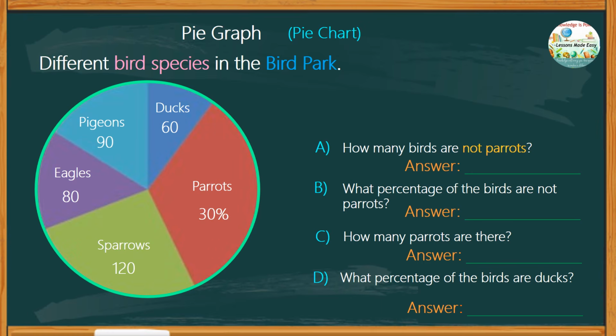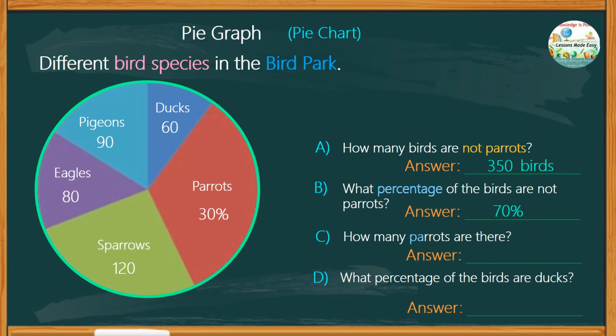Altogether, a total of 350 birds are not parrots. What percentage of the birds are not parrots? Since the pie graph shows 30% of the birds are parrots, therefore all the other birds combined make up 70%.